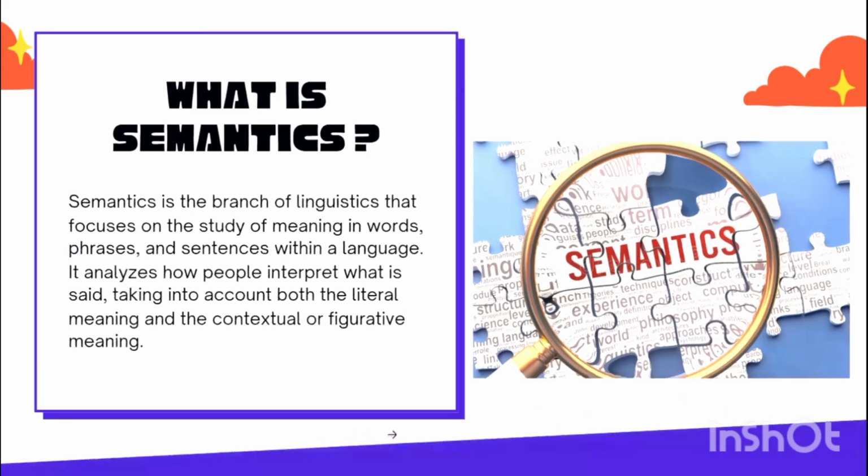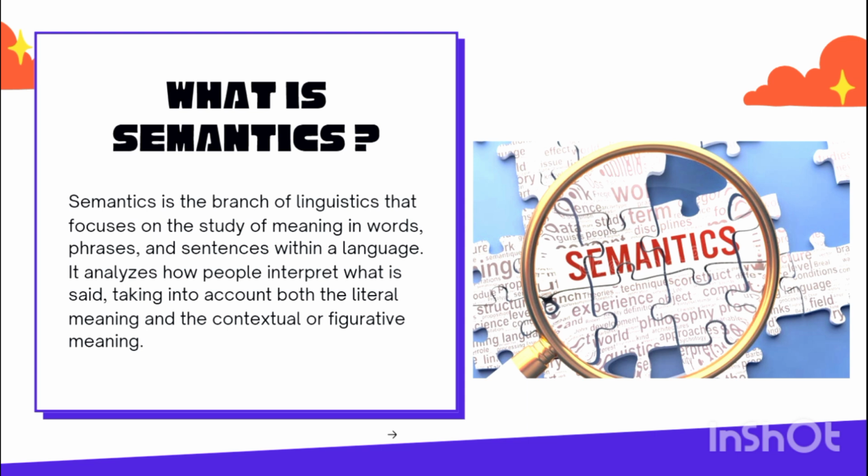In this slide, what is semantics? Semantics is the branch of linguistics that focuses on the study of meaning in words, phrases, and sentences within a language. It analyzes how people interpret what is said, taking into account both the literal meaning and the contextual or figurative meaning.